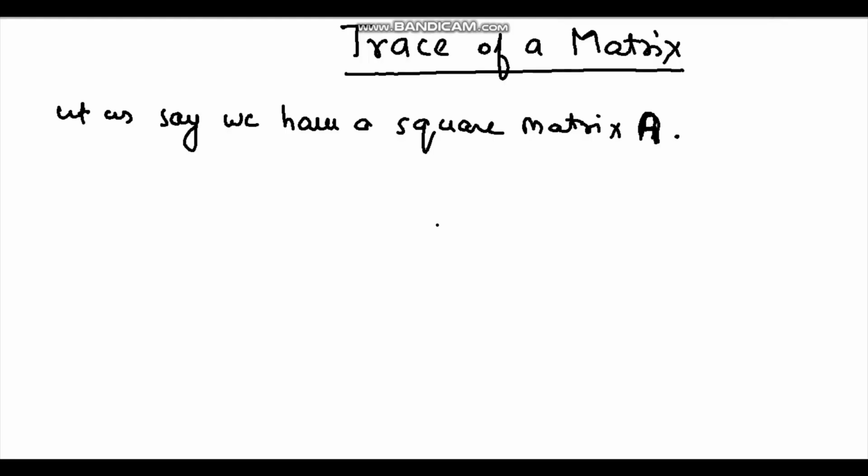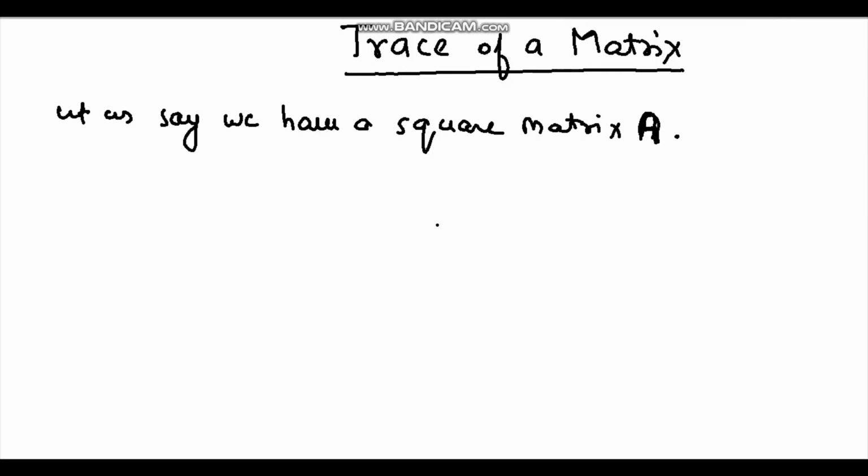Hello students, in this lecture we are going to study trace of a matrix and its properties, and we will see some special types of matrices. So what is the trace of a matrix?